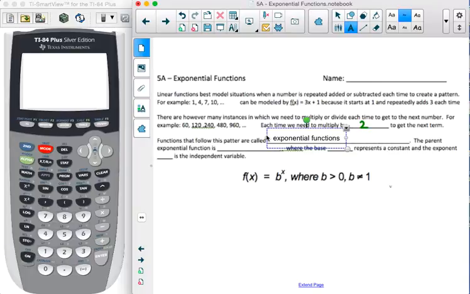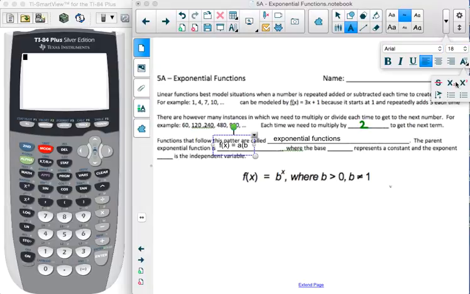The parent exponential function is f of x equals, now I'm going to write it as a times b to the x value, a times b to the x.